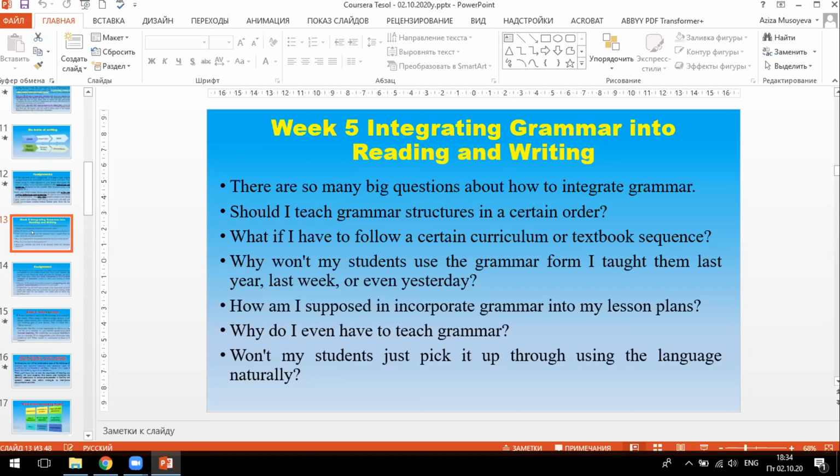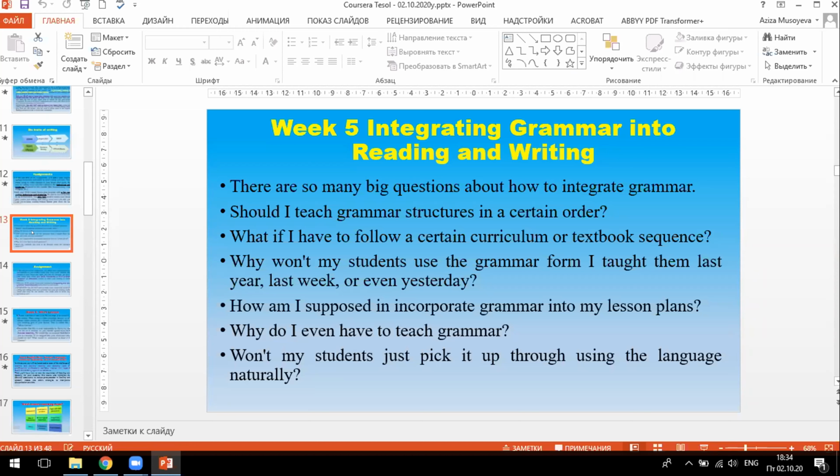We can incorporate grammar by teaching it while teaching reading, writing, speaking, listening, so it's going to be integrated, I think. Do you do it every lesson, or just after some lessons?